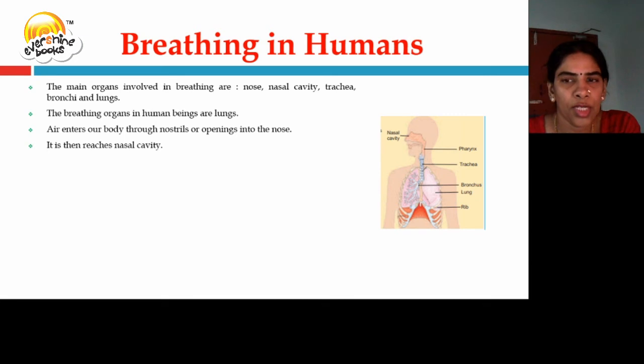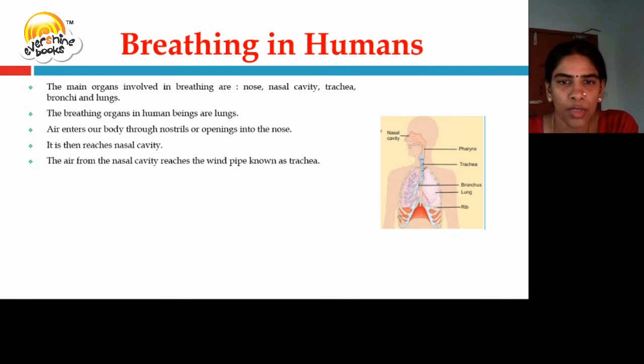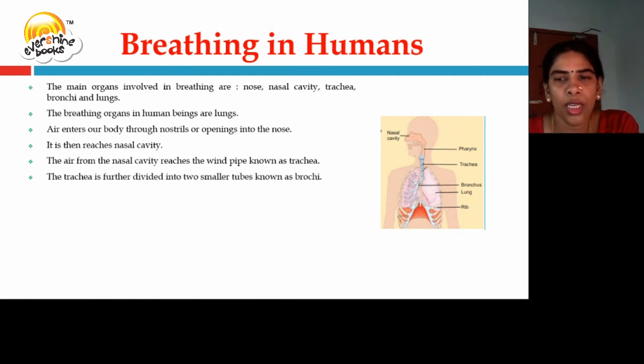It then reaches the nasal cavity. The air from the nasal cavity reaches the windpipe, known as trachea, through the pharynx. The trachea is further divided into two smaller tubes known as bronchi, one to either side of the lungs. One bronchus enters each lung.